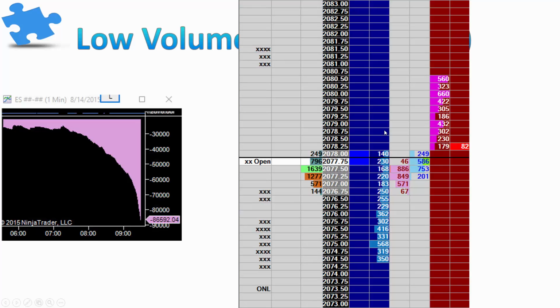Okay, so we opened the market at 77.75, where we traded those 5,000 contracts. We moved down to 76.75. We traded just 144 contracts there, and then we bounced back up again. And that makes this area a little bit more interesting. We hit the 76.75 area twice.